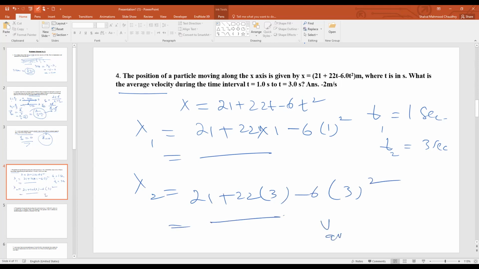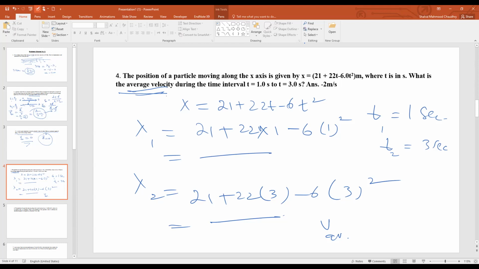Don't you have to take the derivative first, then solve it? No, we don't need the derivative because he is asking for the average velocity. For the derivative, we need the instantaneous velocity.